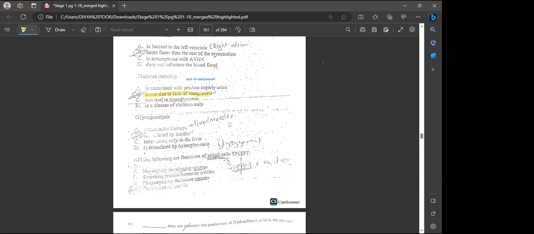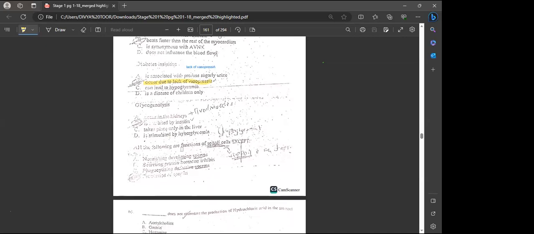And then glycogenolysis occurs in the kidney. It's inhibited by insulin. Takes place only in the liver. Is stimulated by hyperglycemia? That one is out because it's stimulated by hypoglycemia, right?